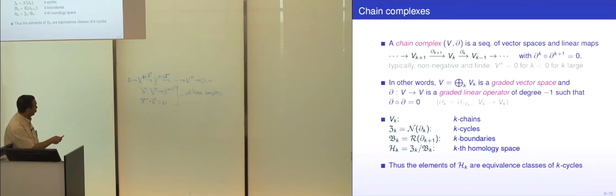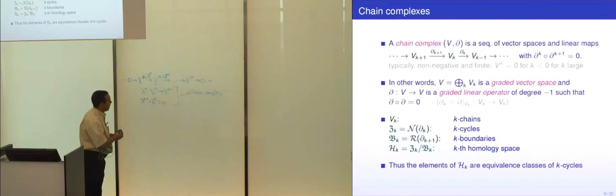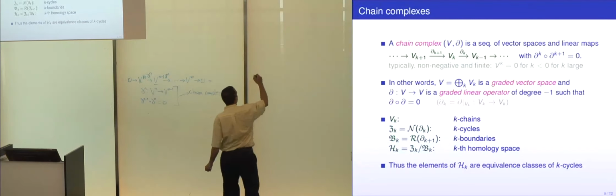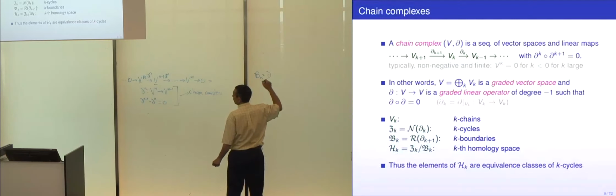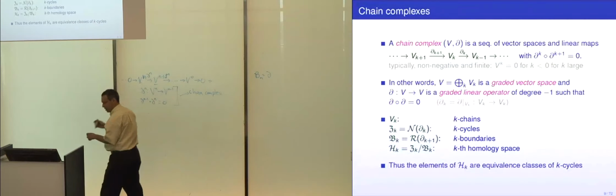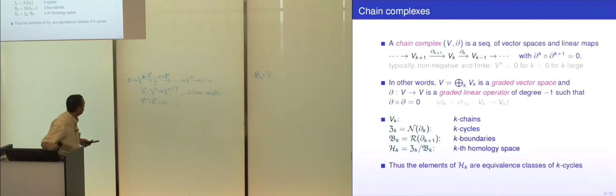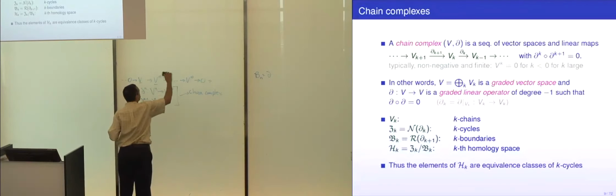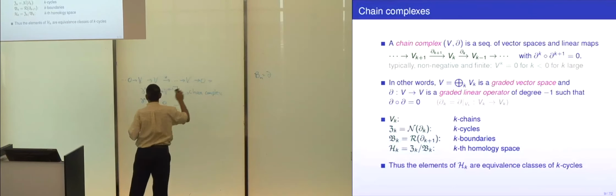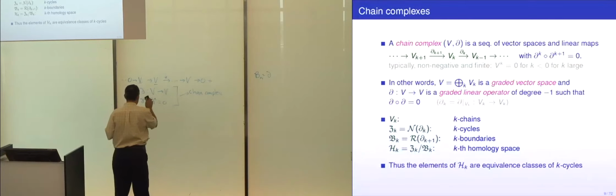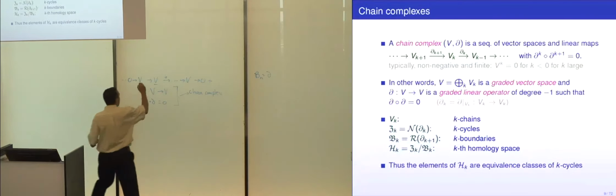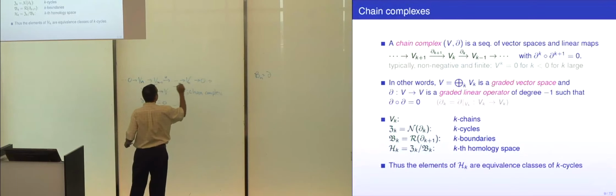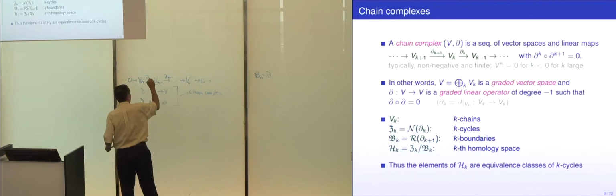So let's start introducing the terminology. By the way, with chain complexes, I made a mistake already. Chain complexes, by convention, always have subscripts, not superscripts. So this should have been n and n minus 1, and 0, and n minus 1, and n.